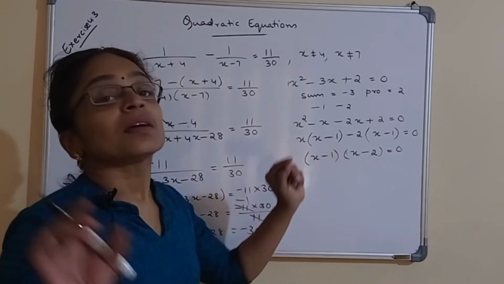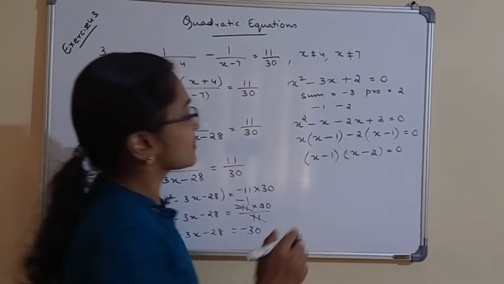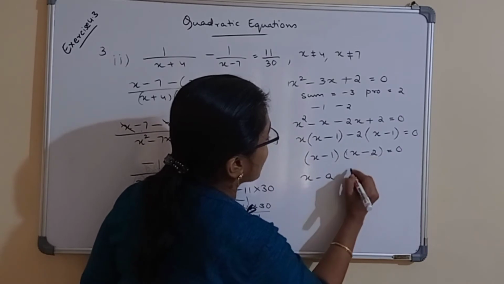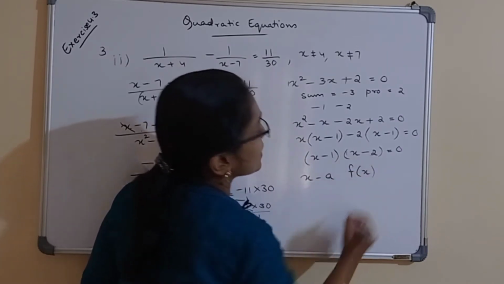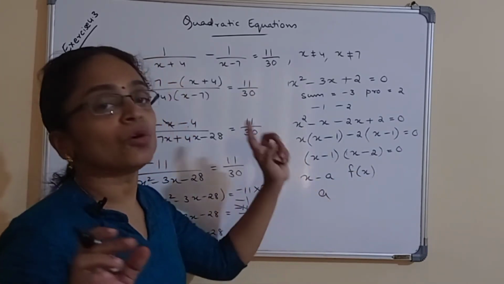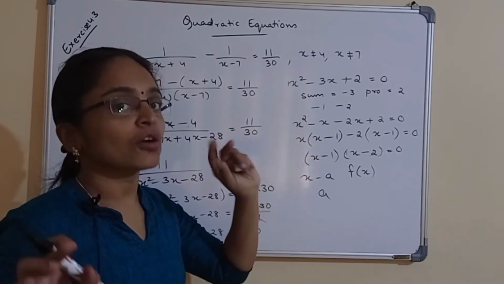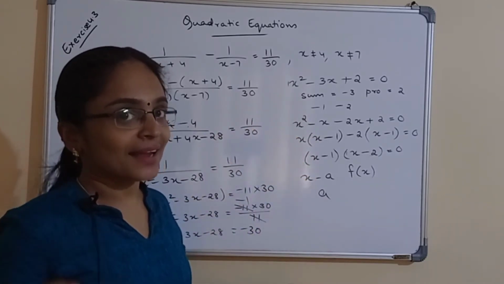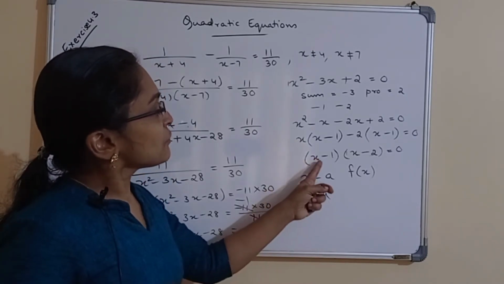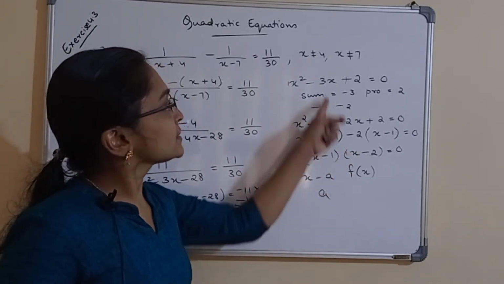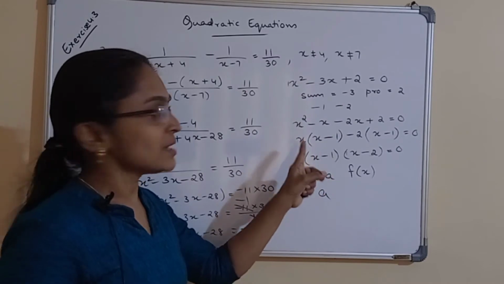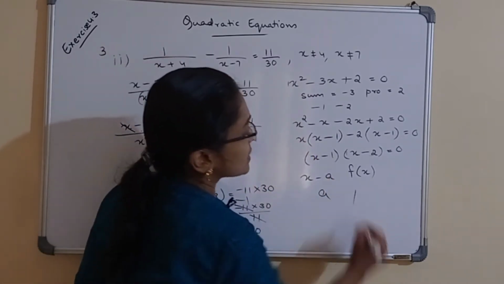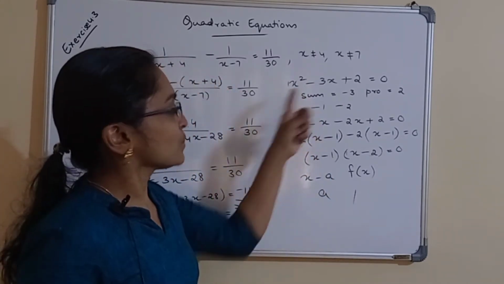By the factor theorem, if x minus a is a factor of f of x, then a is a 0 of that polynomial or equation. We have learned that in class 9th, right? So if x minus 1 is a factor of this quadratic equation, we can say that 1 is a 0 of that equation.